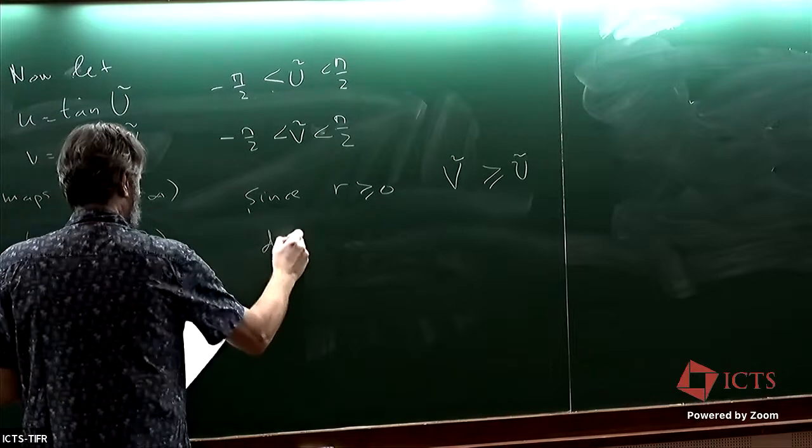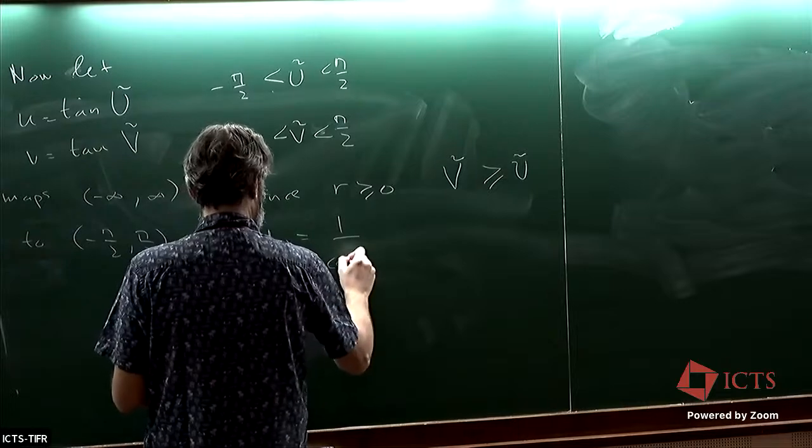Then, of course, I can calculate that U is 1 over cos.